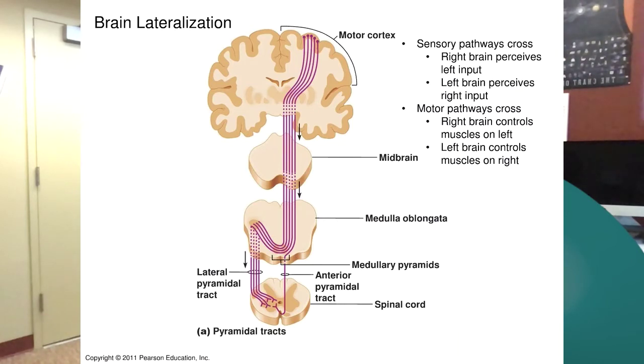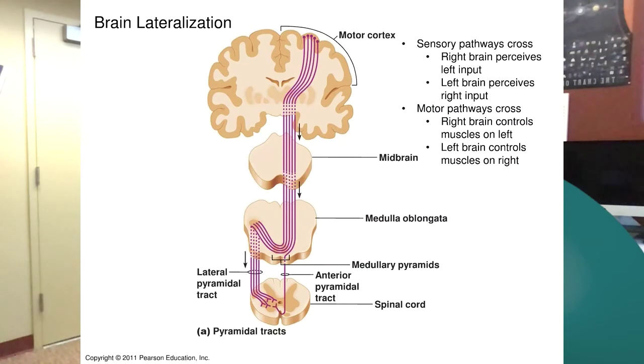And at some point it crosses over from the right side to the left side. And sensory, again, we saw that go in the opposite direction. The input starts in the peripheral area, and then those axons traveling through the spinal cord are bringing the action potentials upward through the spine, through the brainstem, to the appropriate area for that input to come into the brain.